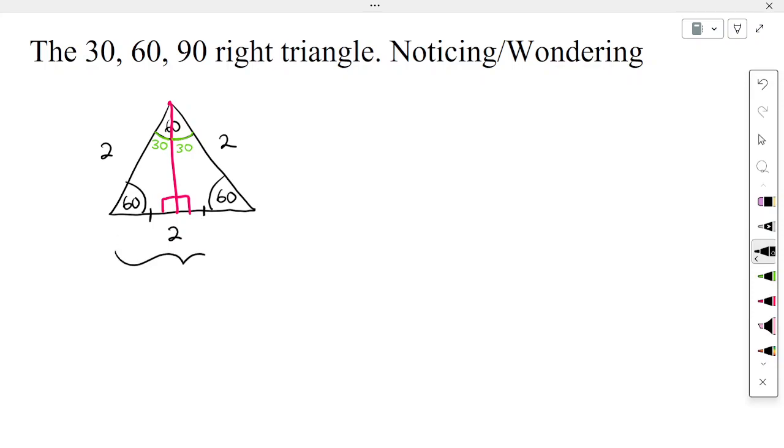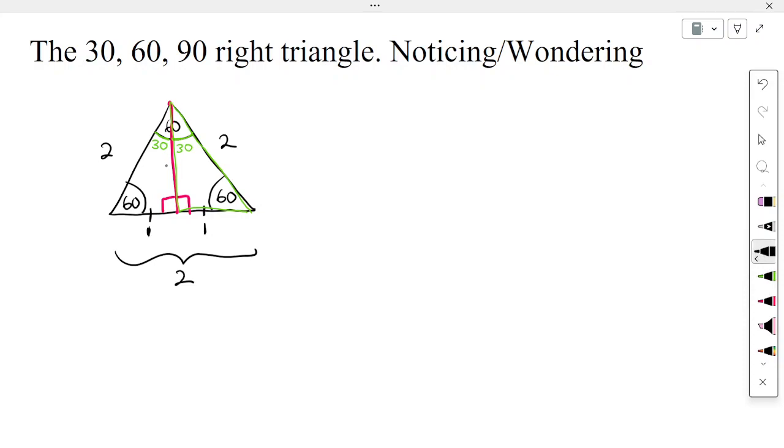So if this entire side is 2, but the left side and the right side must be equal, well, that means that the altitude is bisecting that side. So this side has a length of 1, this side has a length of 1, the whole thing has a length of 2. All right, so what we really want to focus on is this 30, 60, 90 right triangle.